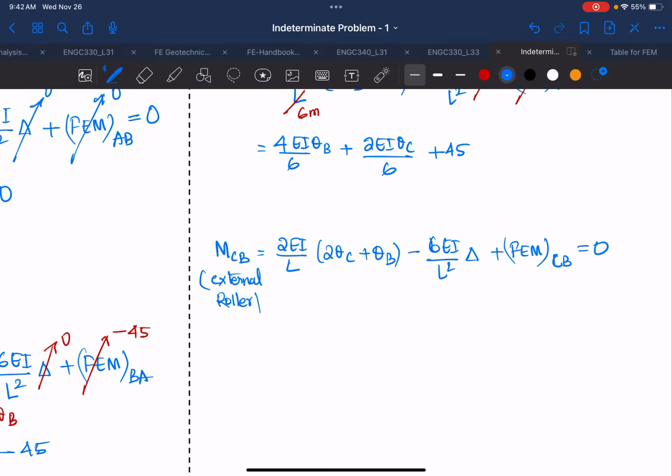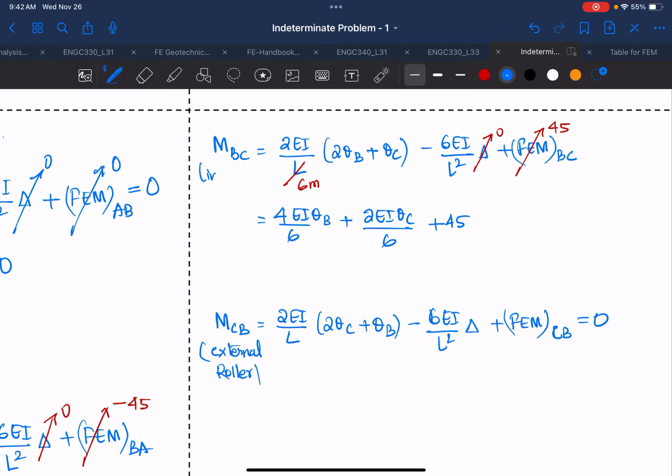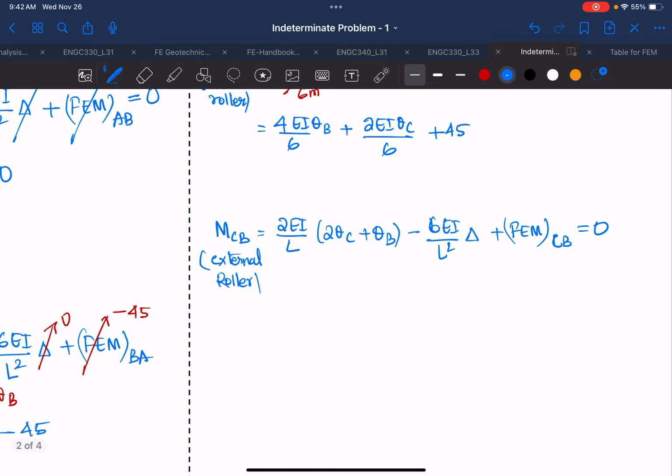Because it's an external roller, we know that it cannot take any moment, and this is an internal roller. Okay, so because this is an external roller, it cannot take any moment, so the moment will be equal to 0, and now we can put all this equal to 0.